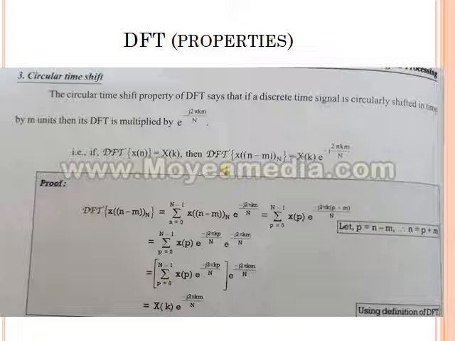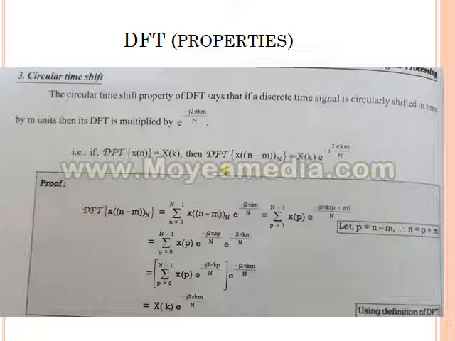Why is the shift circular here? Because, as we already saw, when we convert the signal x[n] into X[k] or into X[omega] by using DTFT or DFT, the DTFT transforms the signal from the time domain to the frequency domain, and it is a continuous function of frequency that varies from 0 to 2 pi.